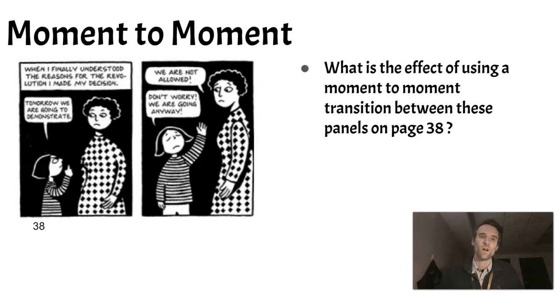So what's the effect? Well, the author here is just telling the narrated story right in order, trying to tell exactly what happened, how the conversation went. So by creating panels that transition like this, we really feel like we are following the conversation as it goes, moment by moment. That's how I would explain the effect.